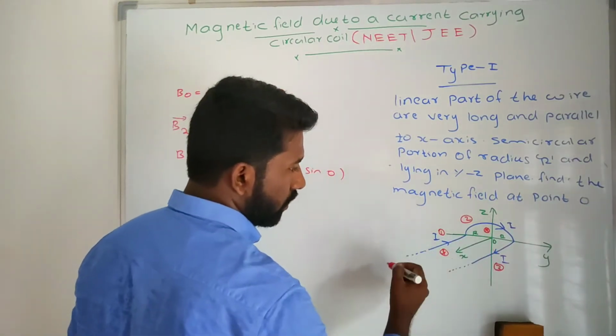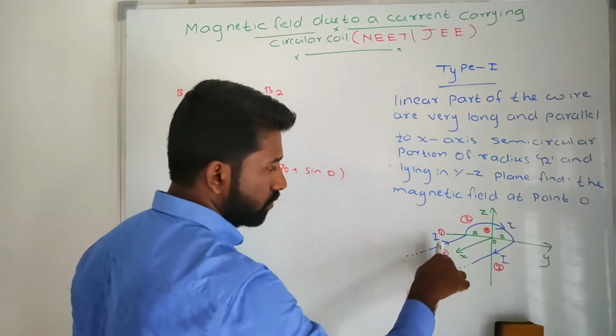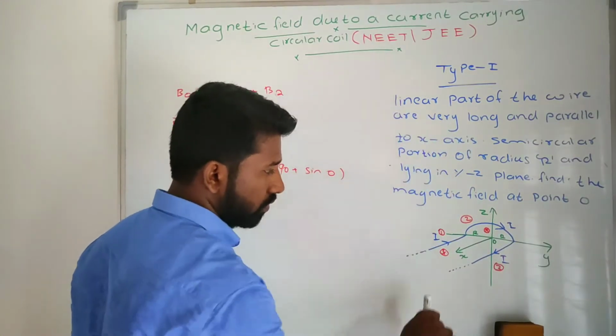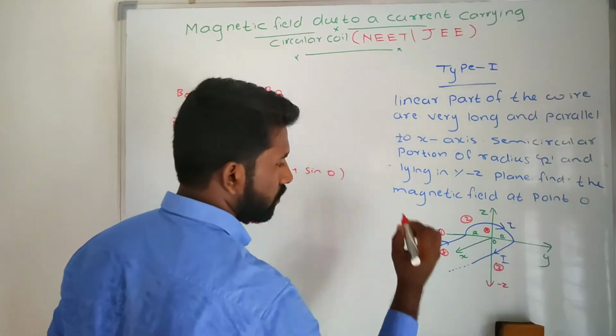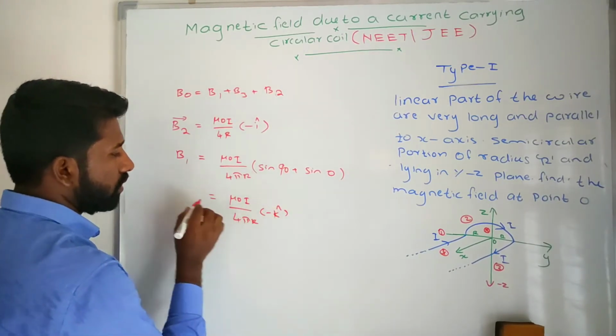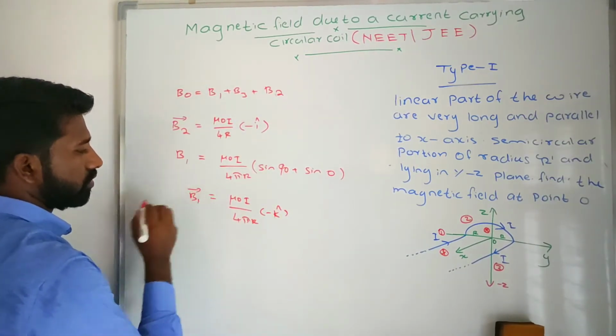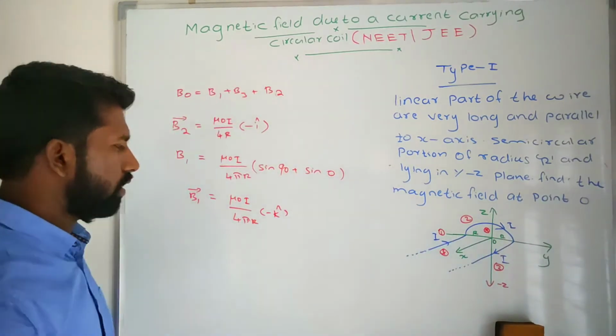This current carrying conductor is on the x-axis, parallel to the x-axis. So you see that it will produce a field going into the page, that is coming downward. So this is the minus z-axis. So we can say that minus k cap is the direction, this is the B1 direction. Okay, what about the magnetic field produced by B3?